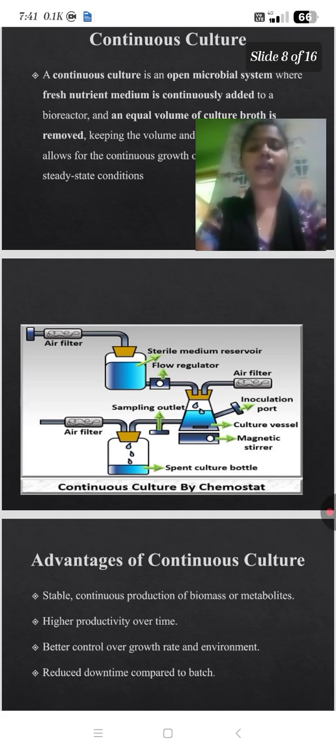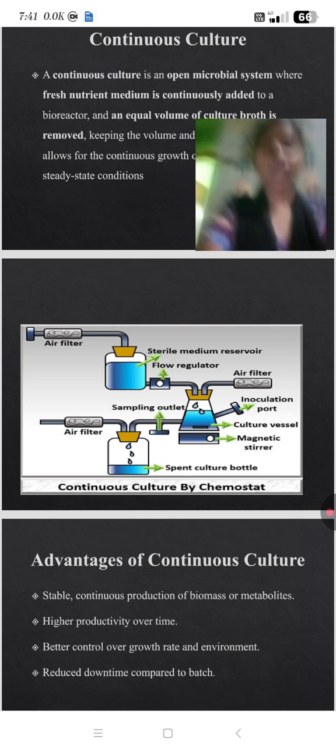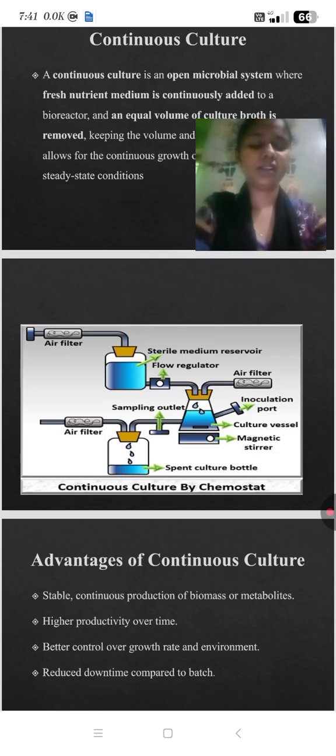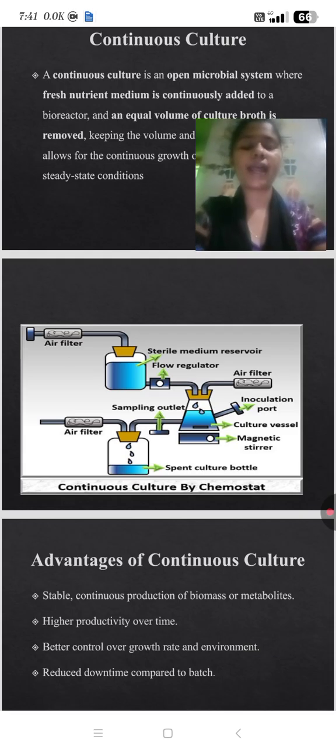Continuous culture diagram. A chemostat is a bioreactor where fresh sterile medium is continuously added and used culture is removed at the same rate. The culture vessel contains microorganisms growing in liquid medium. A flow regulator controls the rate at which fresh medium enters.